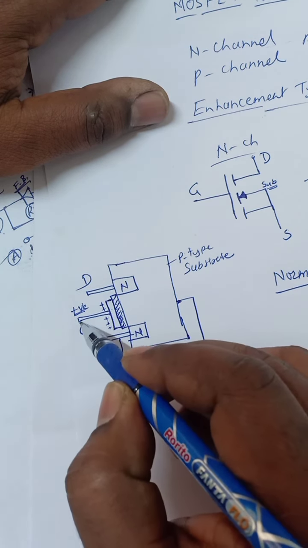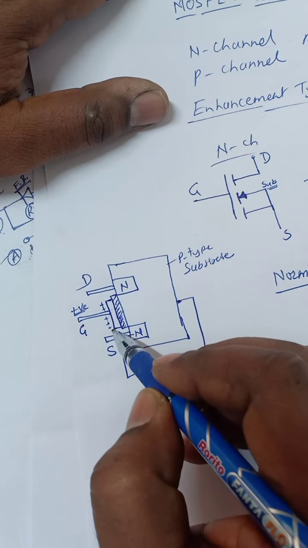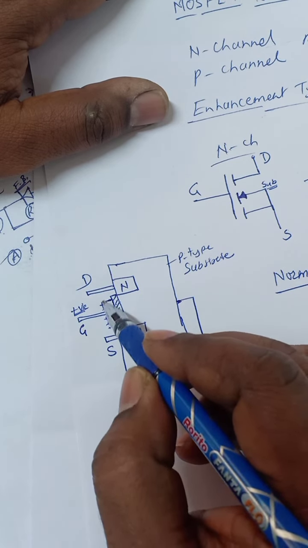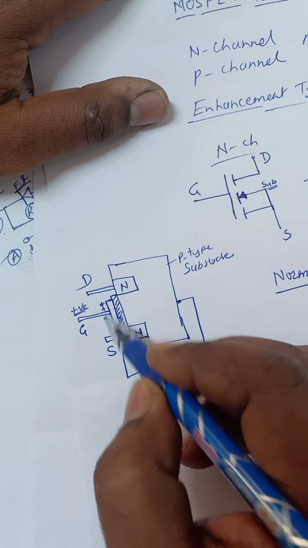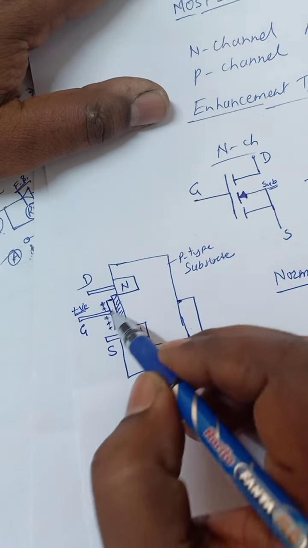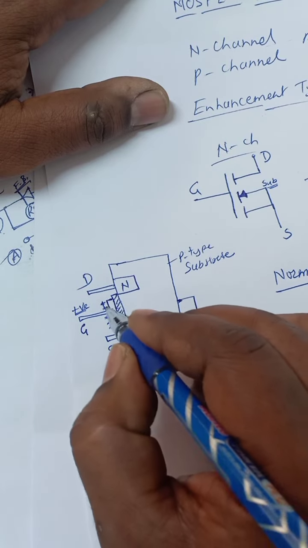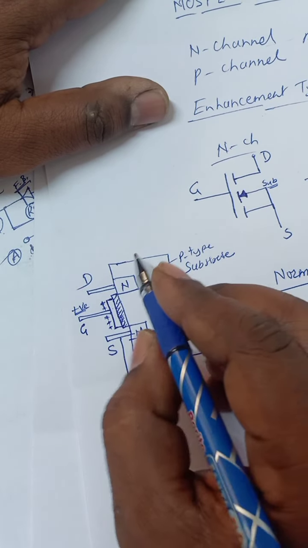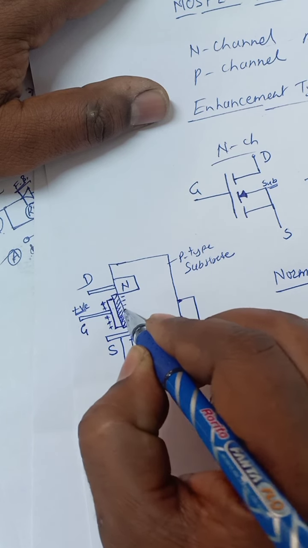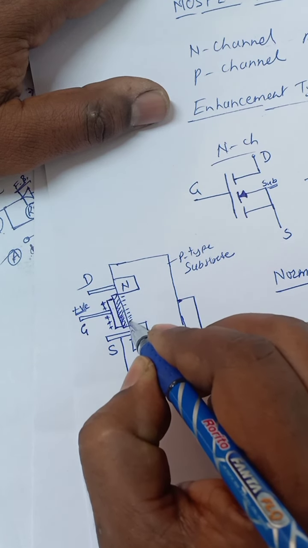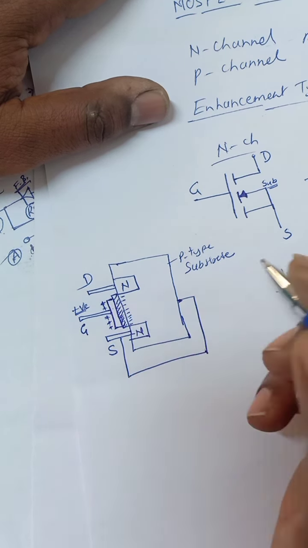Because of the electrostatic force, the electrons are collected between the drain and source region, and the channel gets completed.